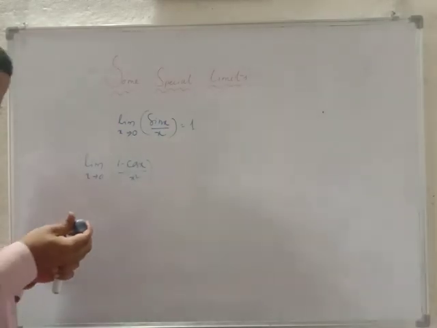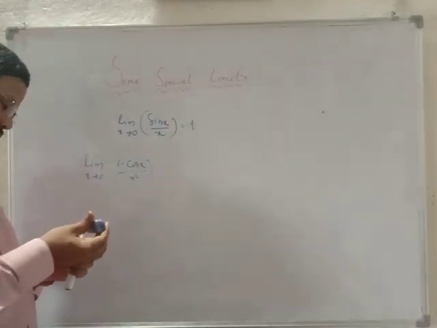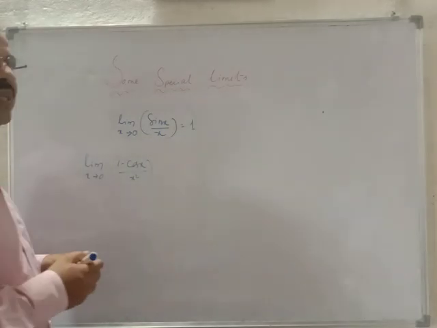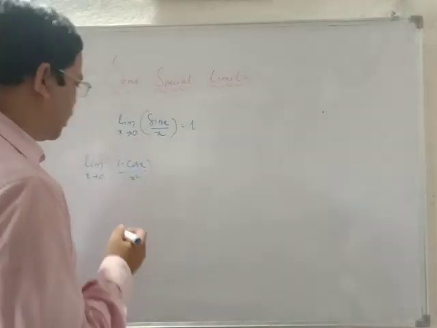Let's think what to do to get sine form. We know sin square x is equal to 1 minus cos square x.